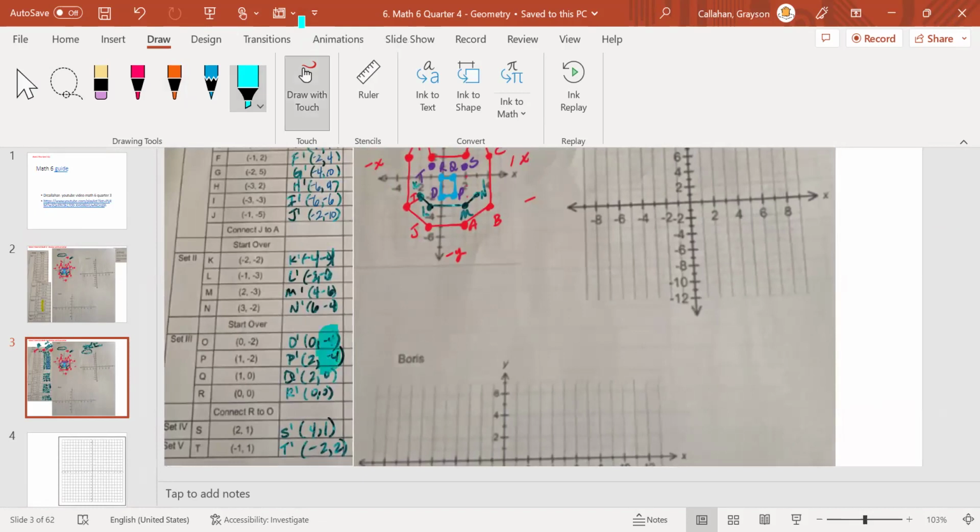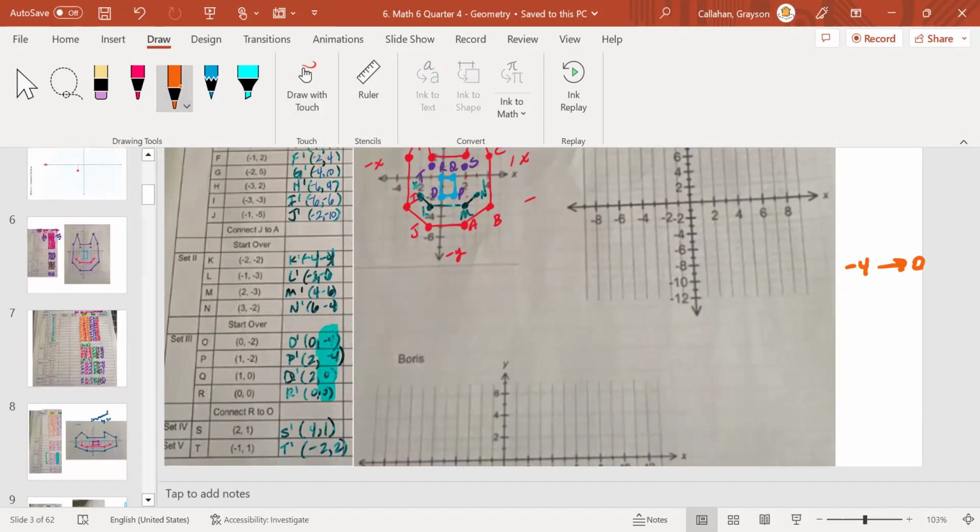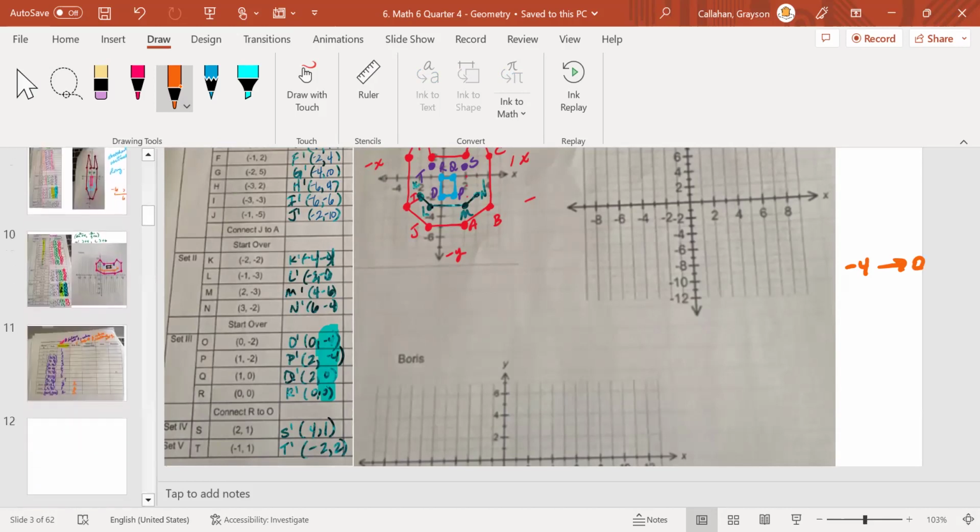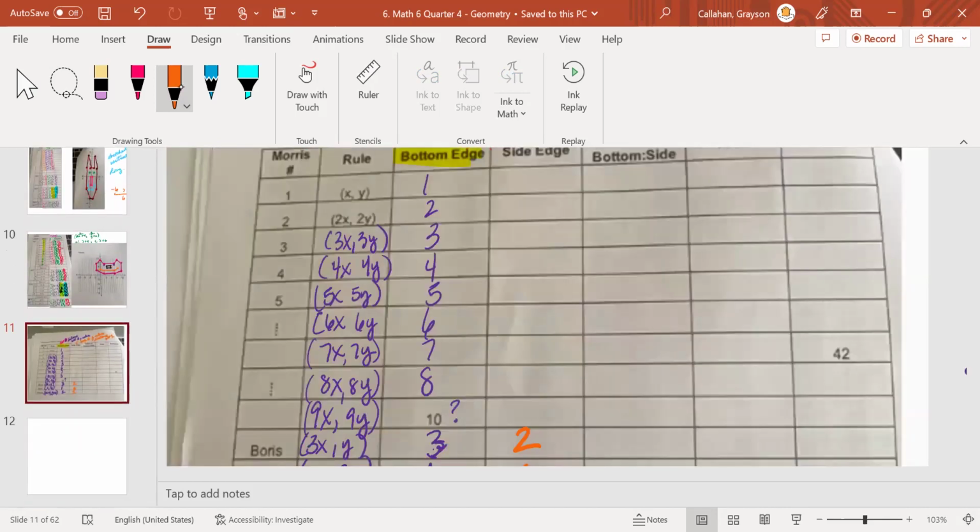Look at the y value. What's the difference between -4 to 0? How many spaces? It has 4 spaces. So Morris 2 is 4.